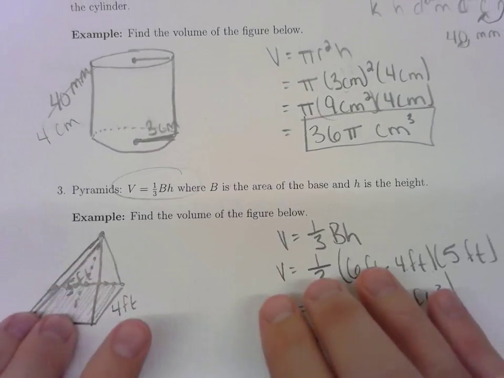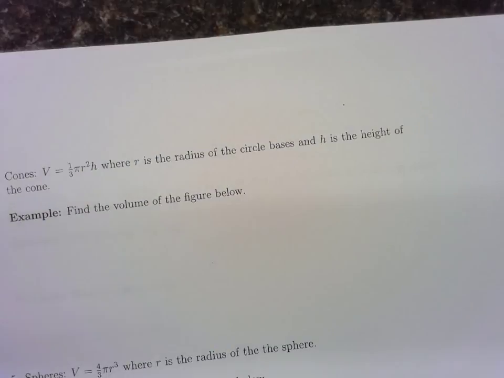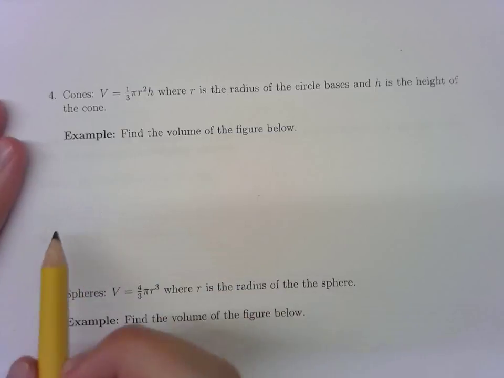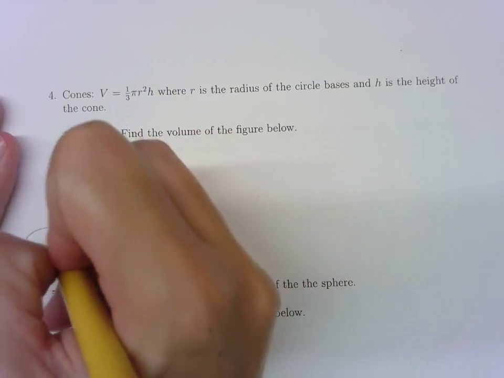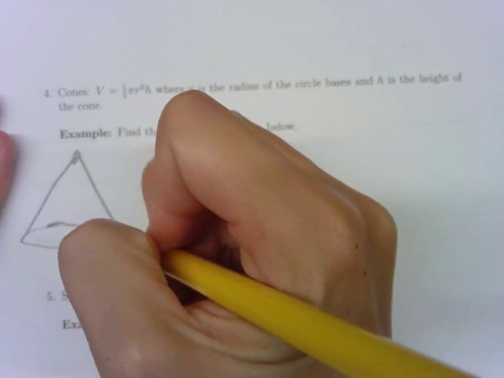Okay, moving on to page 3, we're going to have 2 more volumes. Next one is a cone. Its volume equals 1/3 pi r squared h, where r is the radius of the circle base and h is the height of the cone. A cone is almost exactly like a pyramid, except the base is a circle. So I'm going to start with an oval, just because we're looking down towards it.